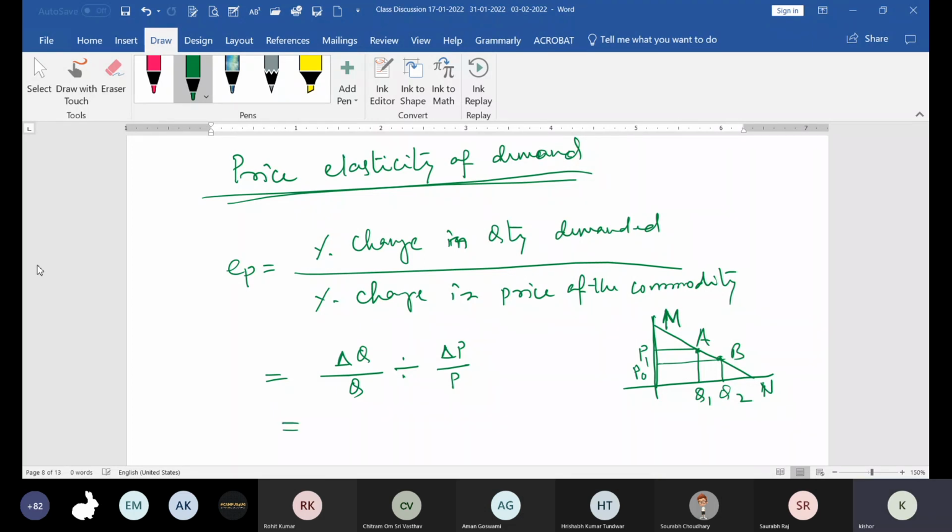Or in another way, you can express it like del Q by del P into P by Q. But the major problem is that this elasticity EP is called your arc elasticity.